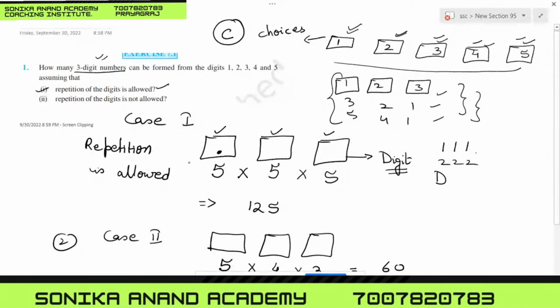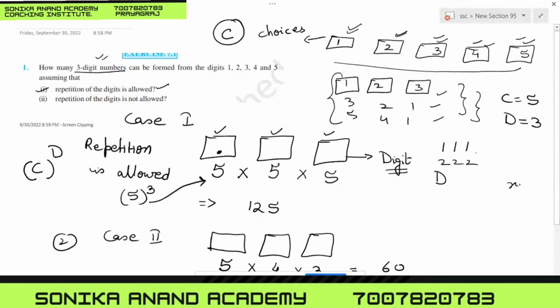Now when repetition is allowed, we write in this way: C to the power D. Now here we have how many choices? 5. And how many digit number we have to frame? 3. So it becomes 5 to the power 3, just like in exponent. 5 into 5 into 5.